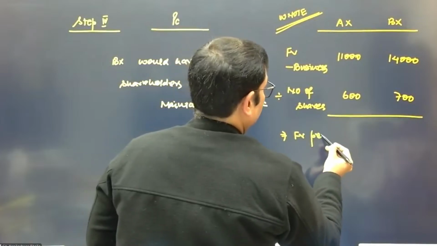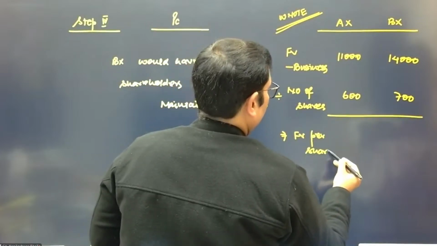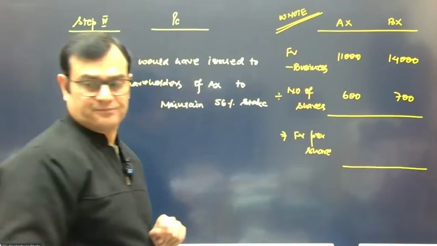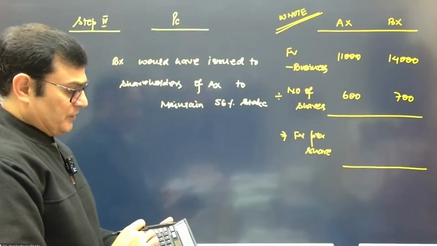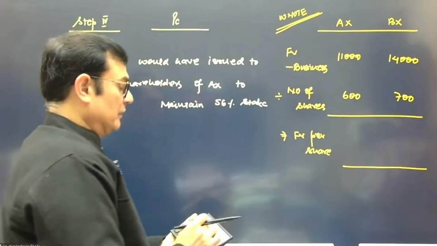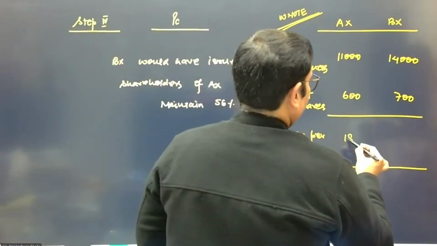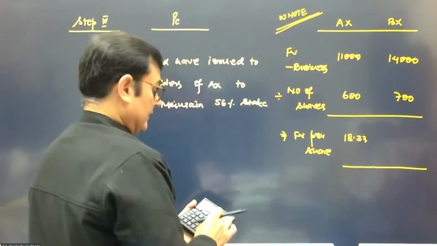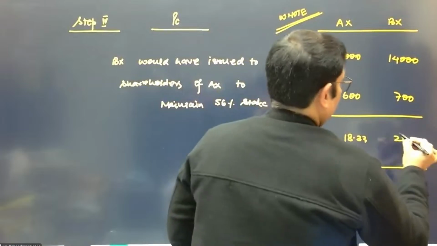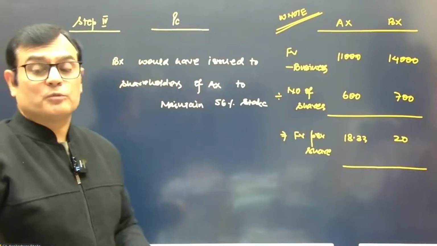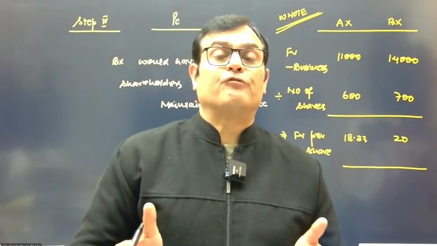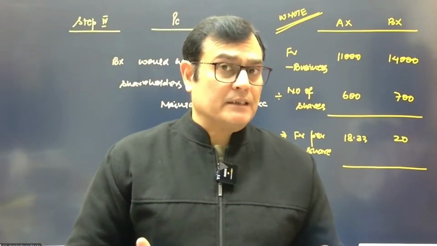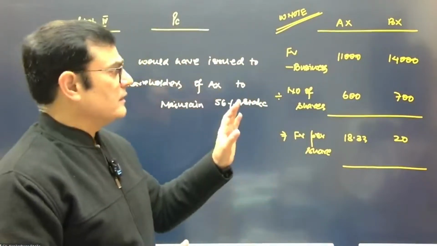This is what we need for the calculation of the purchase consideration. So 11,000 by 600 comes to 18.33, and 14,000 by 700 is 20. Right, so this is just a working note which we've organized, because unlike the previous question where the fair values of 40 and 16 were clearly given, in this case it is indirectly given, so we just organize the data.